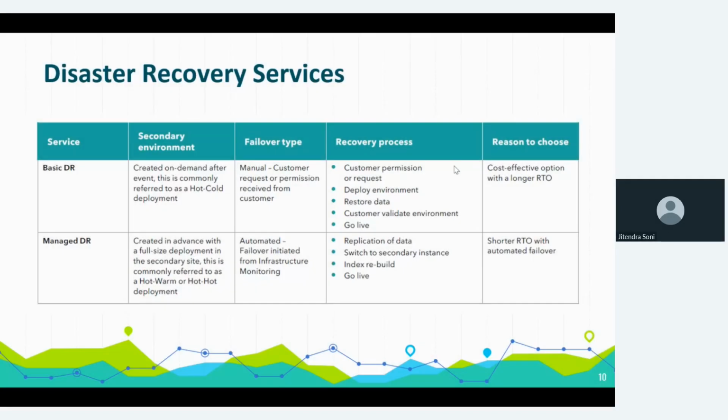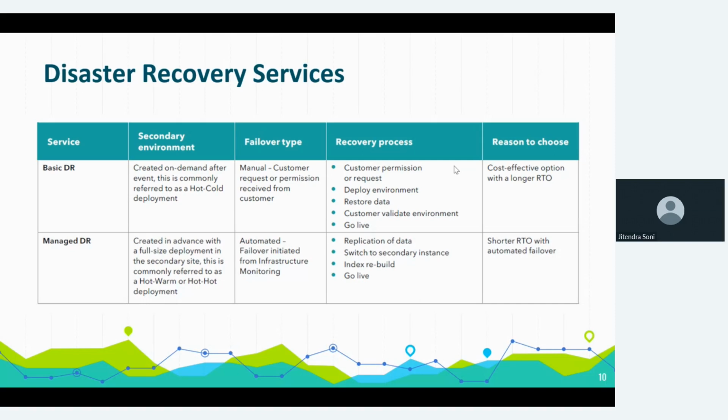So what does Sitecore offer? Sitecore has two kinds of services, basic DR and managed DR. Basic DR is basically hot and cold. You have one deployment resource group which has all your CD, SQL, and queries sitting there.